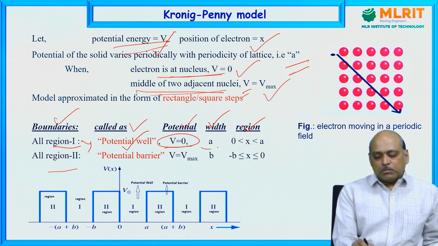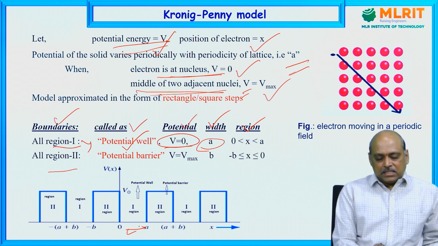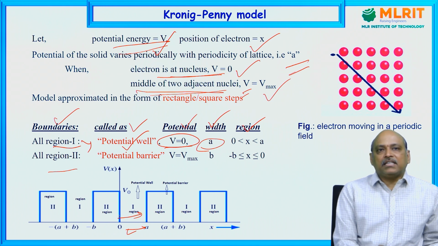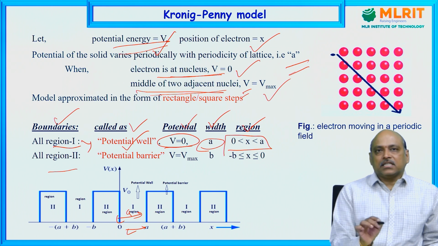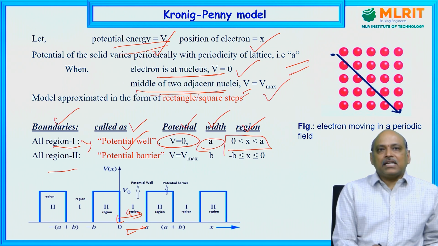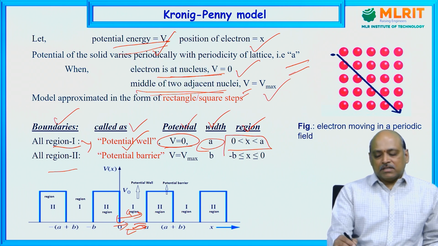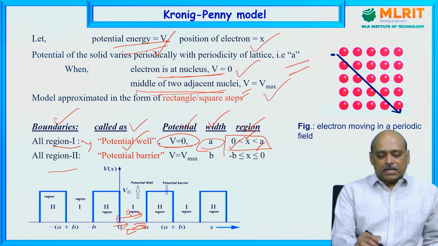The width of the potential well in this example is taken as A. The region for this is restricted to less than A and greater than 0, which is why X is greater than 0 and X is less than A. That region is a potential well only. And the second region is called a potential barrier.